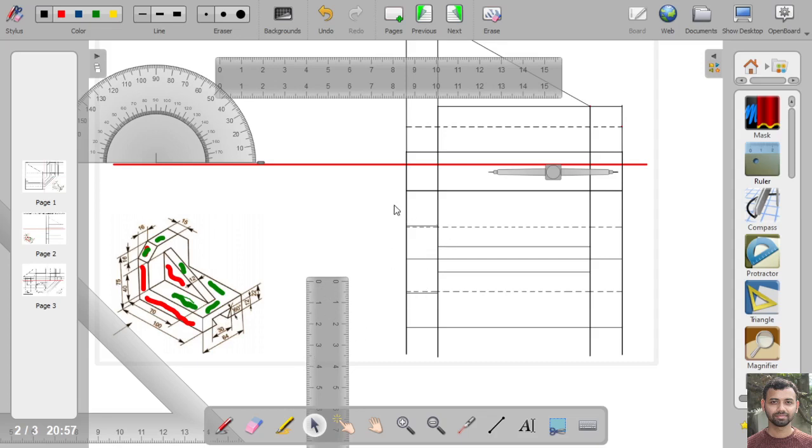Now before that, we will draw the side view. Before drawing the side view, we will make the outlines with the help of an HB pencil, so that it can be clearly visible. So we will make the outlines. These thick lines will be drawn with the help of an HB pencil.